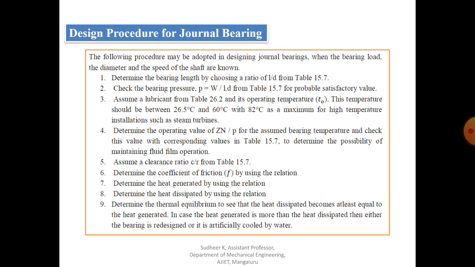Similarly, one more table you have to find out, which is based on operating temperature. You can find which type of oil you can use. There will be different oil characteristics like SAE10, SAE20 or SAE30. Based on the number, they are given starting from A to G, that is A, B, C, D, E, F, G. That is nothing but the type of oil, along with the specific gravity.